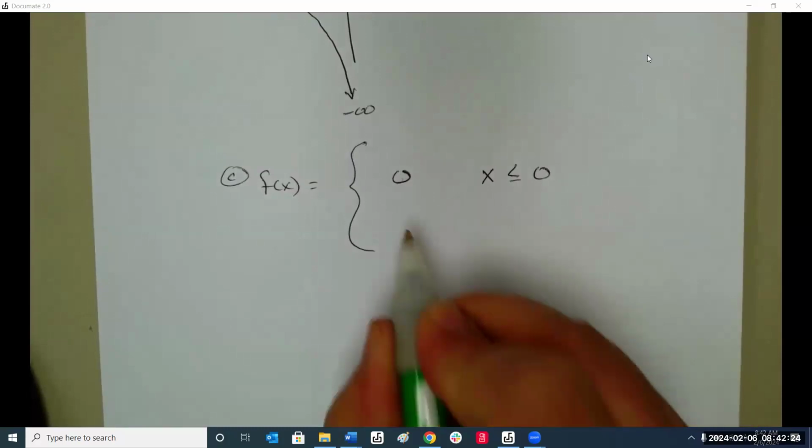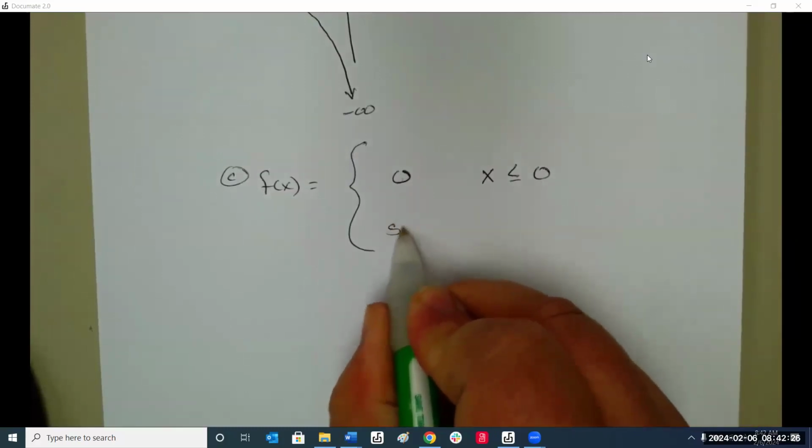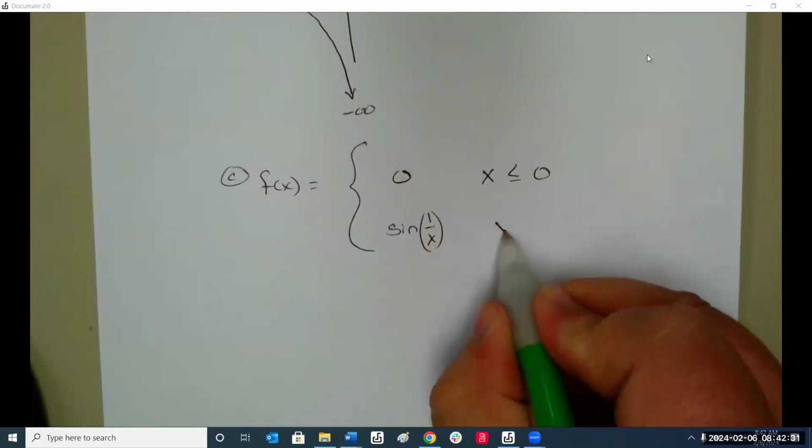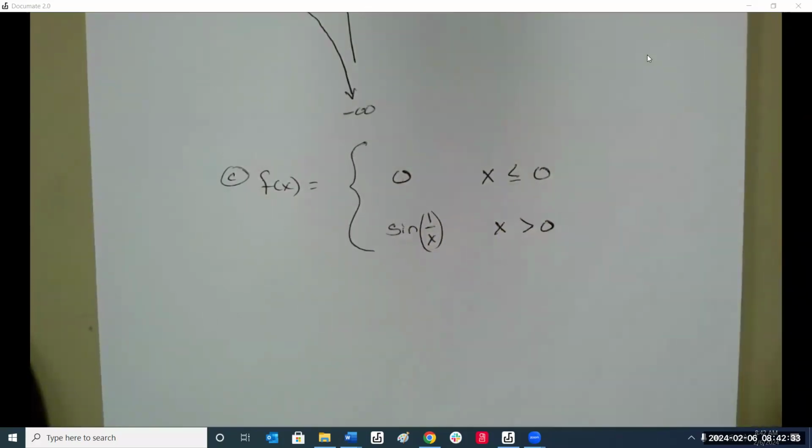And the other one is we use sine 1 over x whenever x is greater than zero. There were two things I got to change here. There's another one. It should be zero. And that page, I got to change that page. So what do you think the graph looks like of this one?